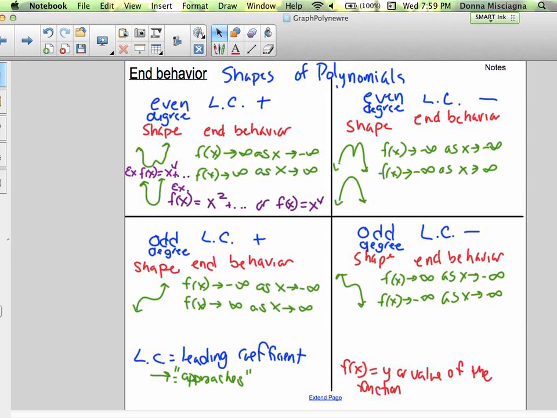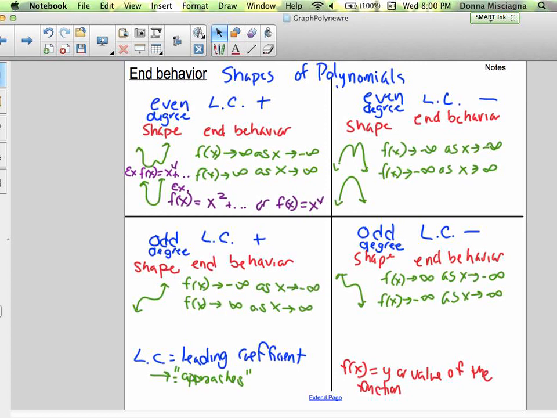All right, so those are your two basic shapes, right? And for even degree and leading coefficient positive, both ends are going up. Our end behavior is notated: f of x approaches infinity as x approaches negative infinity. f of x approaches infinity as x approaches infinity, right? Whether x is approaching negative infinity or positive infinity, the function is going to be approaching infinity because both ends go up. It's like a cheerleader. Rah, rah, rah. Both ends go up.